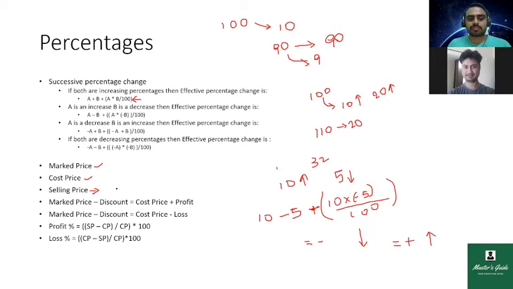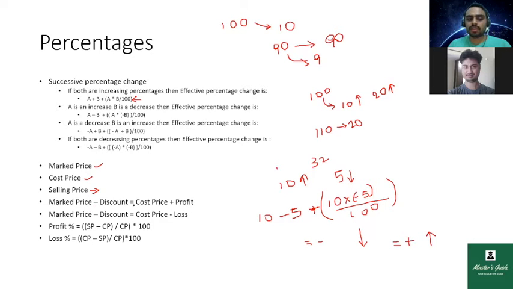Since these are concepts we must already be familiar with, I just don't want to give more details on it. These are some of the formulas which might be handy: mark price minus discount is equal to cost price plus profit. This is equal because mark price minus discount is nothing but the selling price, and cost price plus profit is nothing but the selling price.